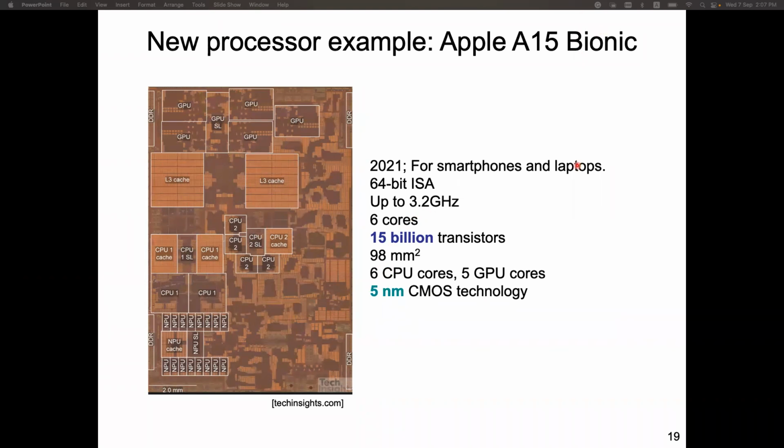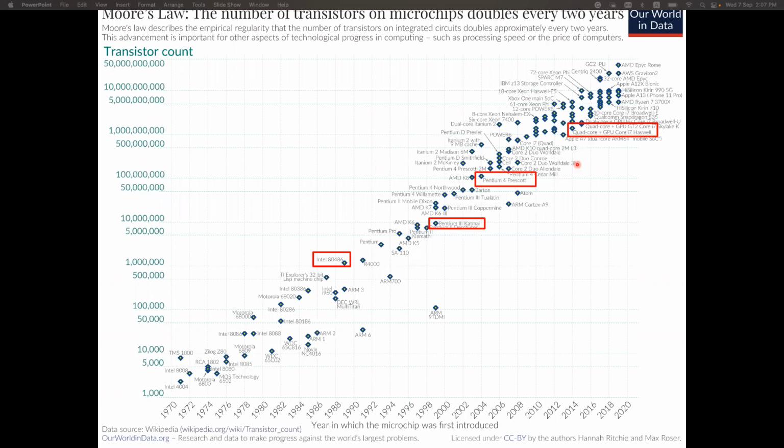Okay, so that's some technology change illustrated by the example of Intel CPU. Now here we have more comprehensive data on the technology trend.